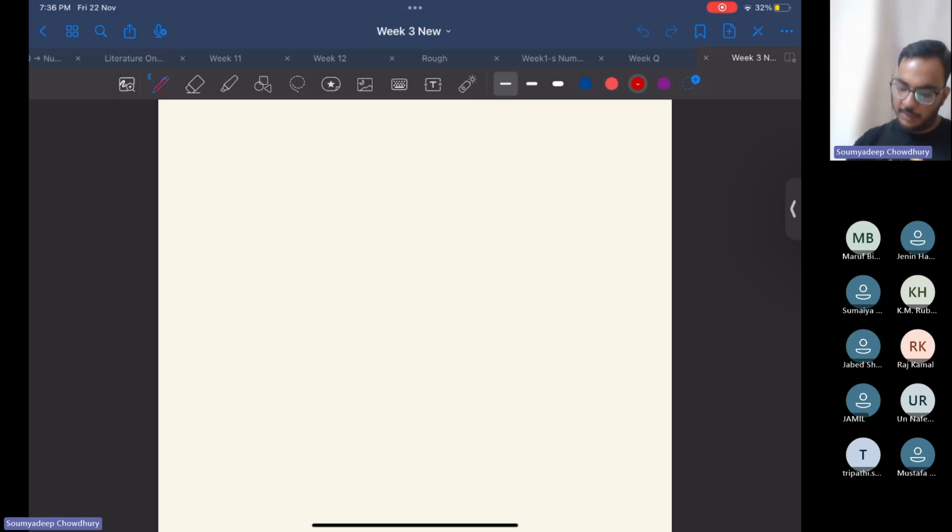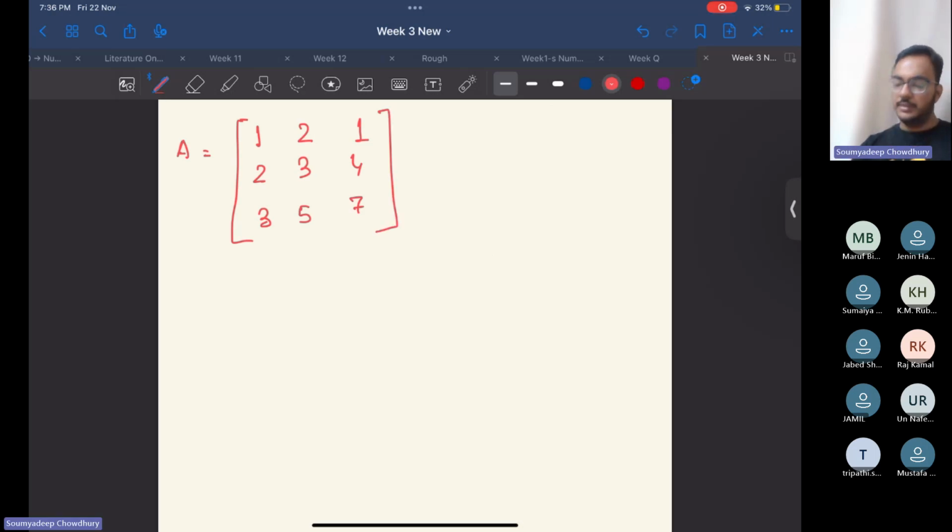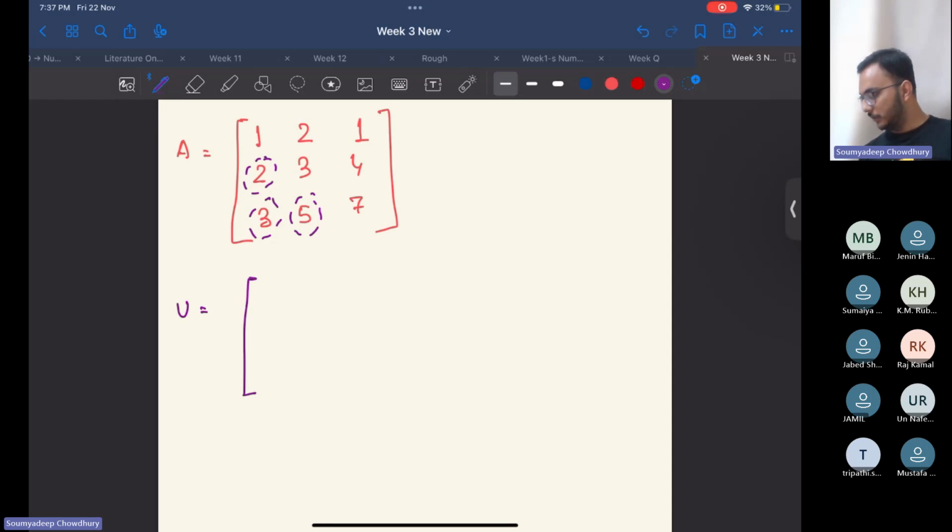So what was my A matrix? It was 1, 2, 1, 2, 3, 4. So from this, what we learned is we can easily convert it into an upper triangular matrix first. These 3 elements we can remove, what we had learned in the Gaussian elimination. So U was, after the Gaussian elimination, what was the matrix?